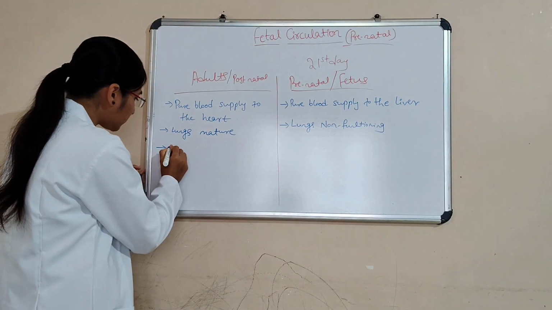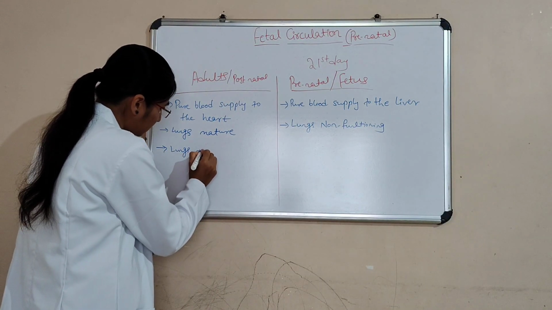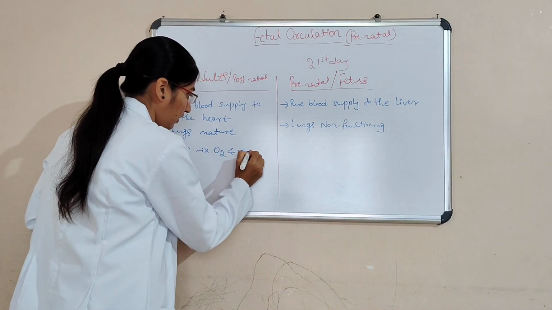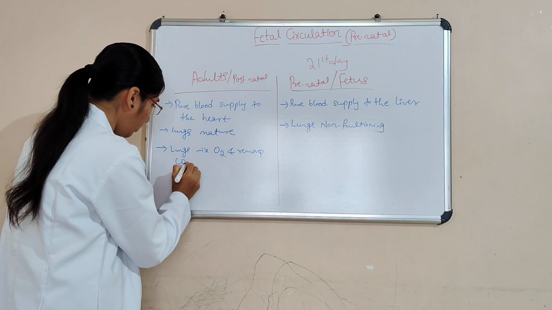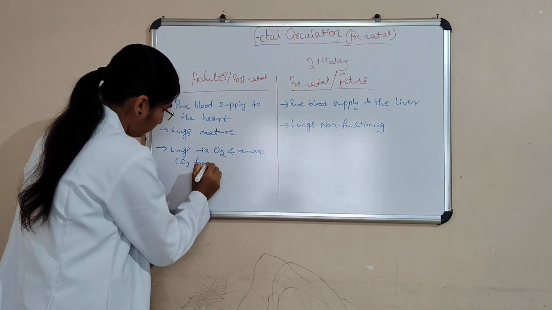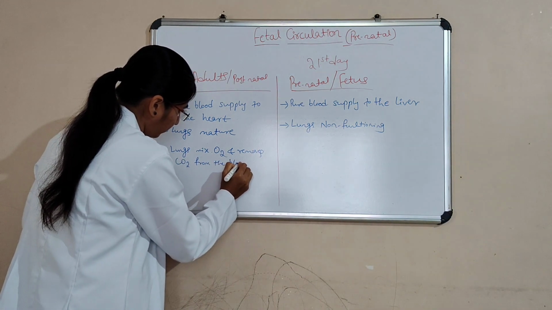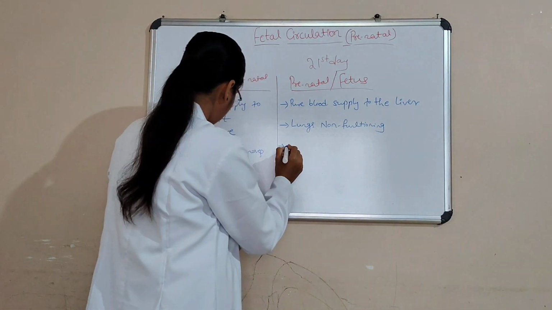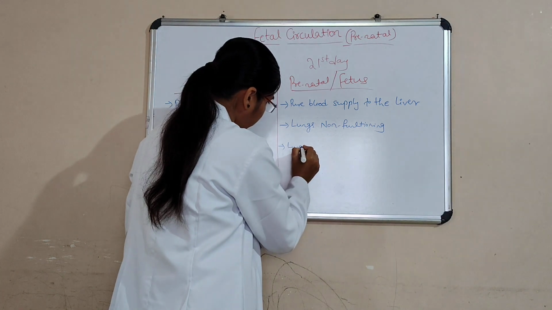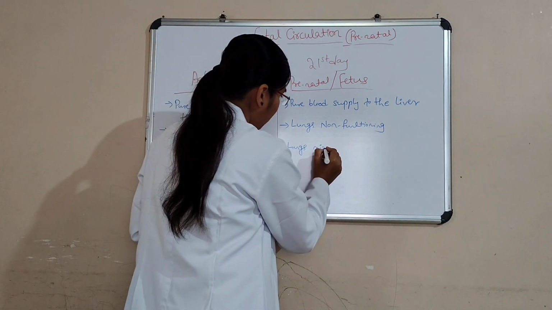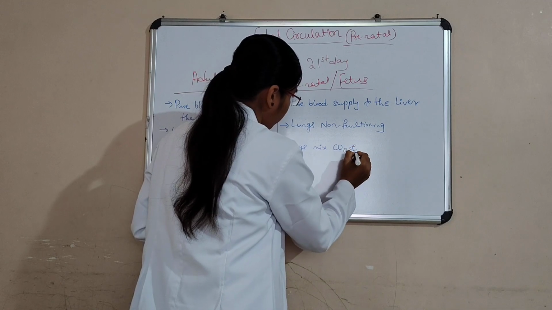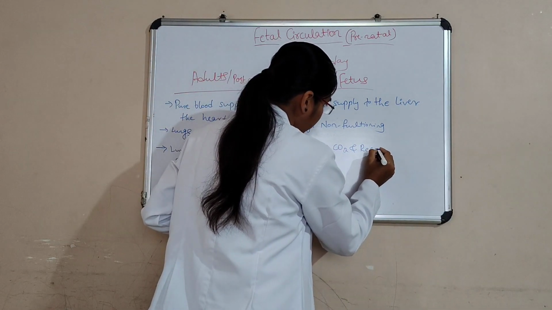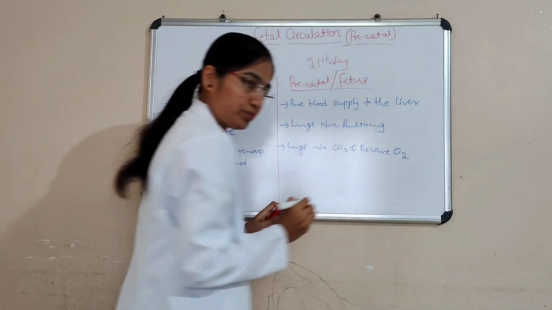And then here, what happens? In adults, lungs make O2 and remove CO2 from the blood. Here in the fetus, lungs mix CO2 and receive O2.